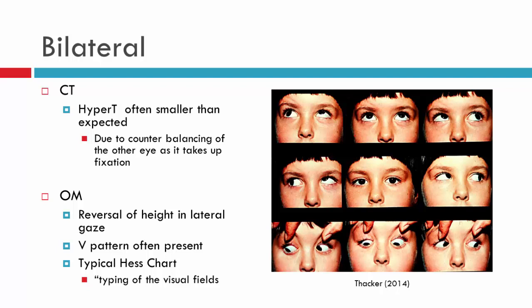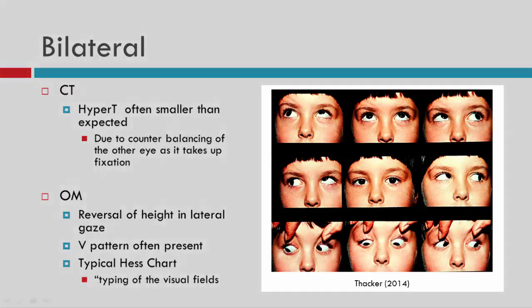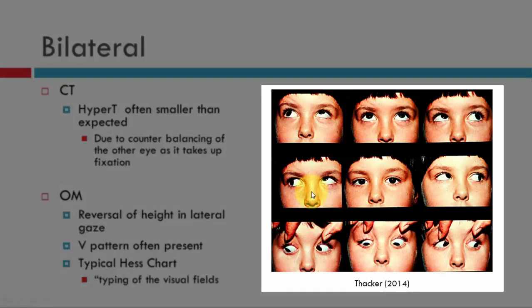The other thing is that you will see reversal of height in lateral gaze. So coming back to this patient, when the patient looks over in right gaze, we have a left on right, but when we take the patient over to left gaze, we have a right on left. This is reversal of height in lateral gaze.